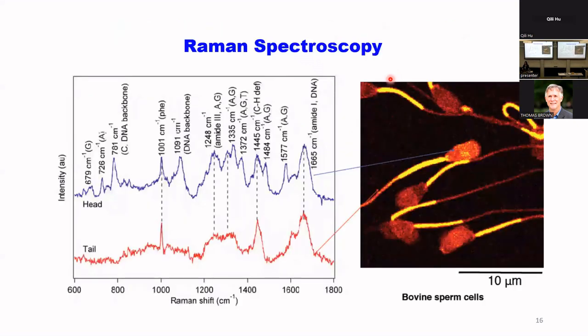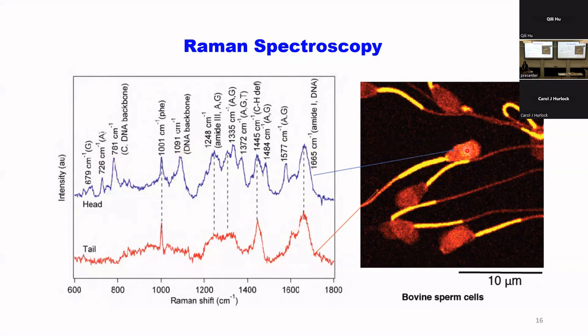of the chemical bond directly. So in theory, if we collect a Raman spectrum just with a focused laser beam on top of the sperm cell head, we know that the DNA molecule is only deposited in the sperm head, not in the sperm tail. So if you focus the laser beam on the sperm head, you can generate a blue spectrum on the top left, and you can see the DNA backbone signal here, the Raman peaks of DNA here, 781, 1091.